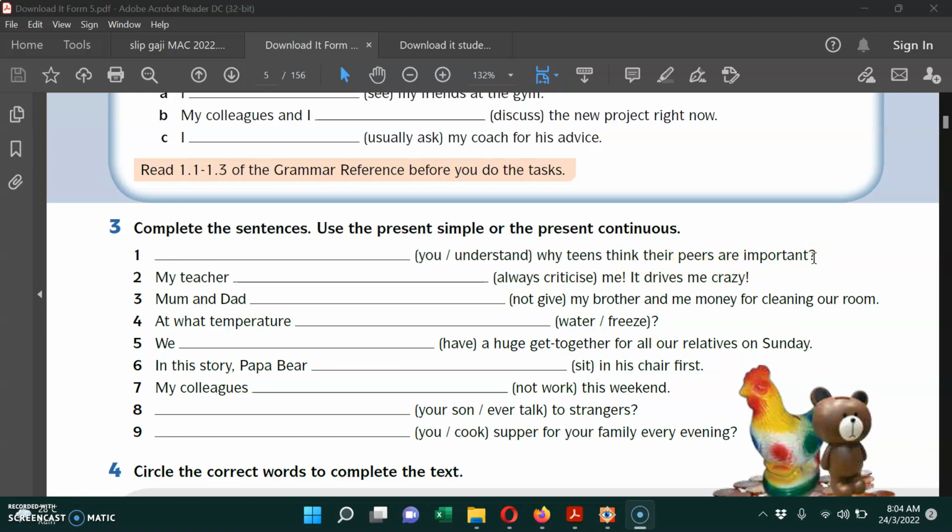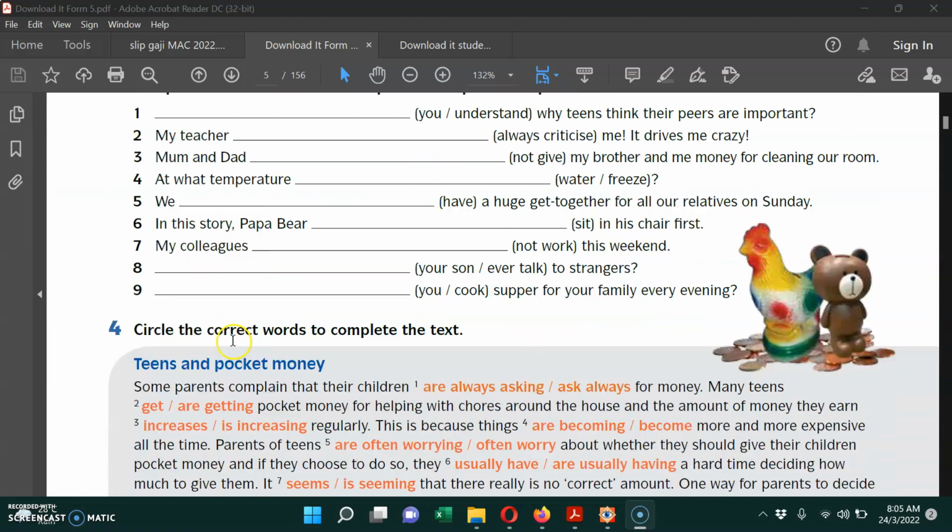Adakah awak faham mengapa remaja fikirkan rakan sebaya mereka penting? Okay, number 2. My teacher, sebab ada always, kita gunakan present continuous tense. Okay, my teacher is always criticizing me. It drives me crazy. Okay, you answer the rest of the questions.